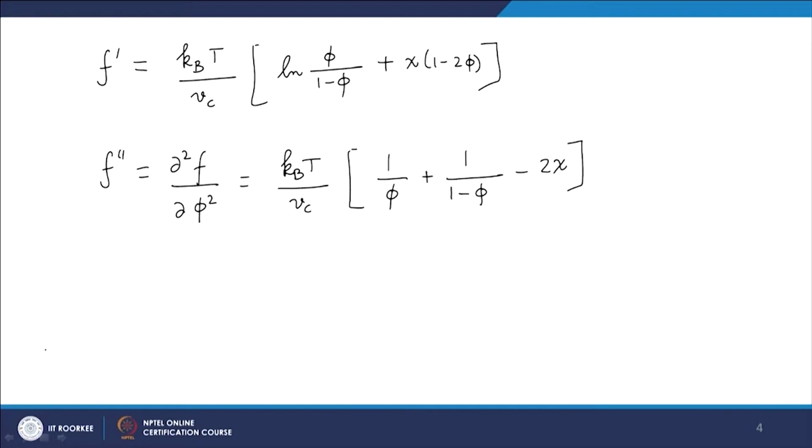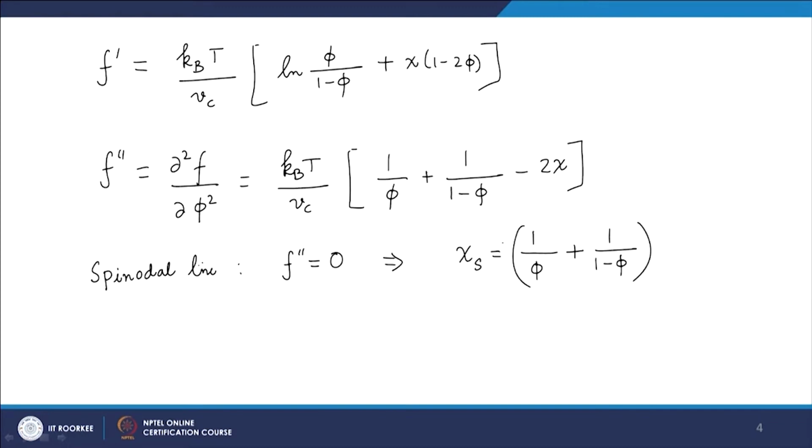So, if I want to get the expression for the spinodal line, then it has to be given by f double prime equal to 0, which gives me the expression, if I represent chi s as the value of solvent quality for the spinodal line, that has to be 1 by phi plus 1 by 1 minus phi, the whole thing divided by 2.